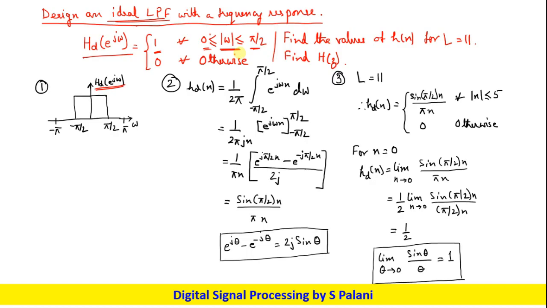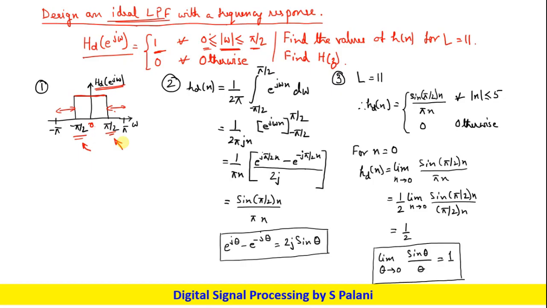So modulus of omega means in the region of 0 to pi by 2 in the positive half, and also 0 to minus pi by 2 in the negative half, we have an amplitude response of 1. Outside this we have the stop band.